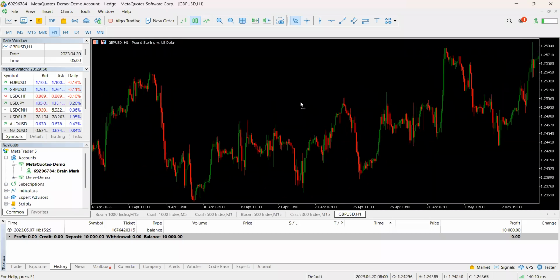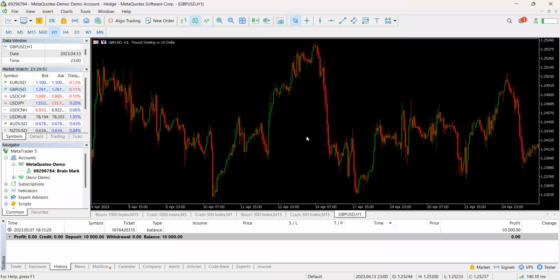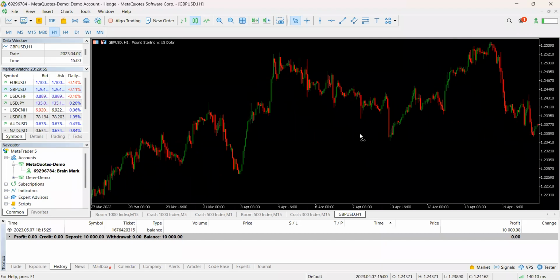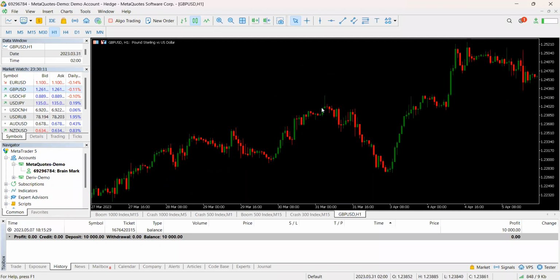Okay, so we can see an engulfing here, engulfing bullish, as well. This is a dragonfly. This one formed without a wick here. So this is a dragonfly.